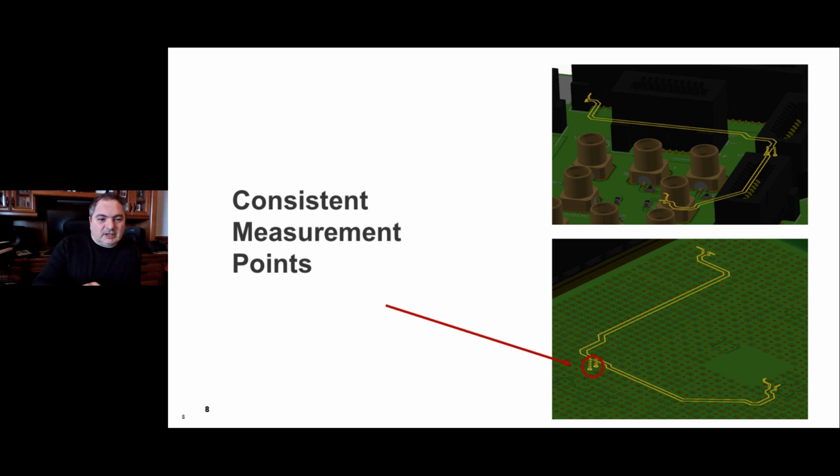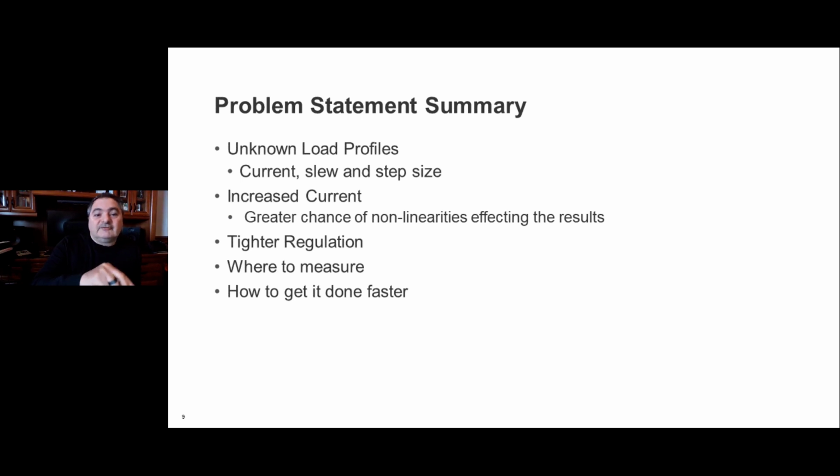So I'm just going to review the problem statement. Unknown load profiles, increased current, and with increased current comes the need for more phases. More phases means more non-linearities. If you think about it, as phases are added from the power management solution, they're further and further away from the actual device you're powering.